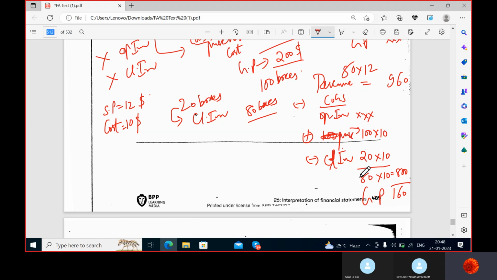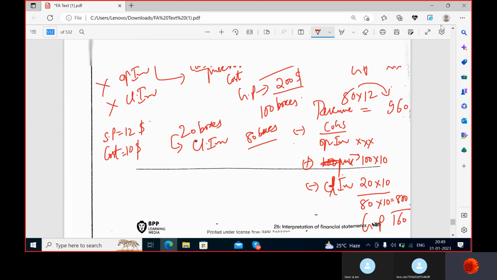We sold 80 boxes and took the revenue of that, so with the revenue of 80 boxes we have to compare the cost of 80 boxes. The cost of 80 boxes is 800. Revenue minus cost is profit, that is gross profit 160. Make a note of this.